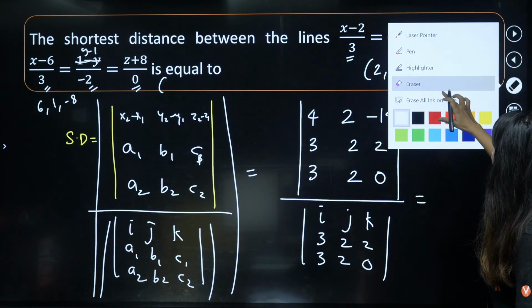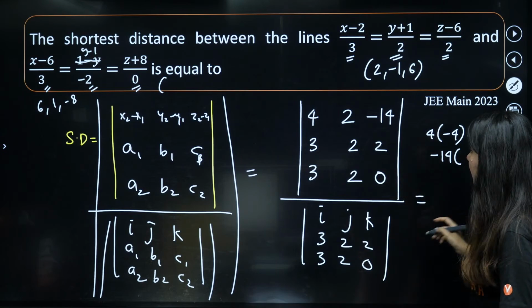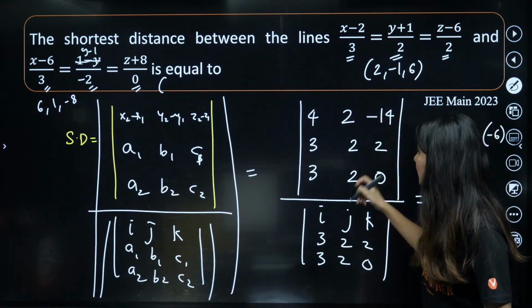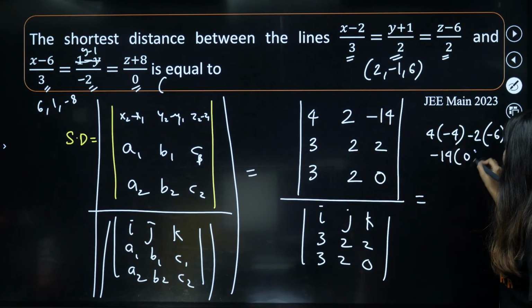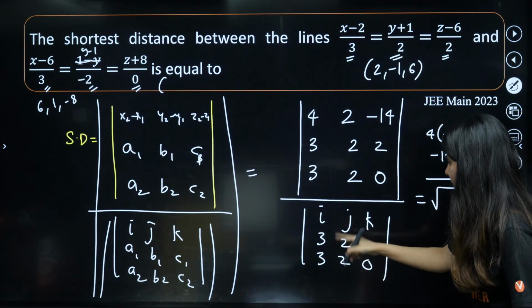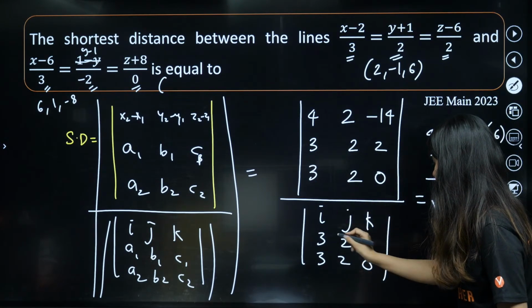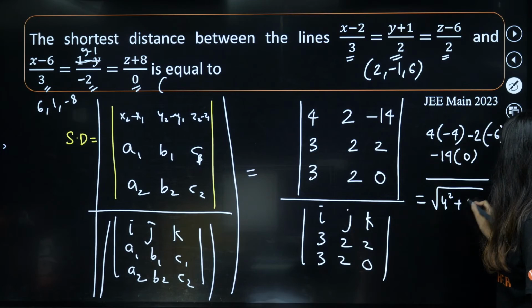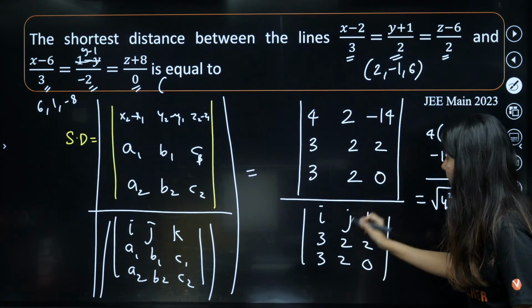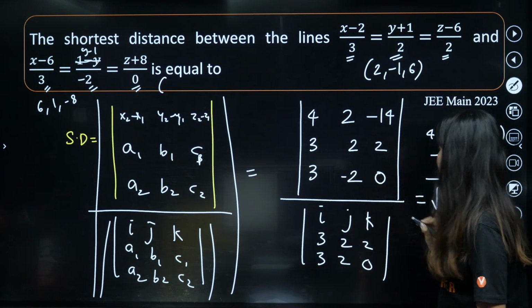Minus 14. So minus 14, 3 twos are 6. 0 whole upon square root of, again, 4 square, then again 3 zeros are 0, 6 square, and then 3, 2, 2, 3, minus 2 is here, right?